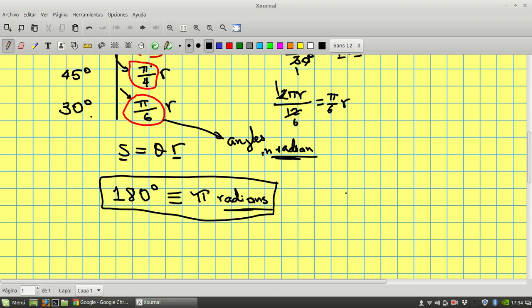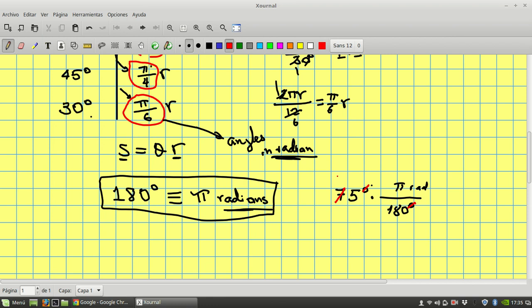So for example, let's say that somebody tells you, hey, tell me 75 degrees in radians. So what I have to do is just multiply by pi radians and divide by 180 degrees and simplify. Okay? Simplify. So the degrees cancel. This has a third part.